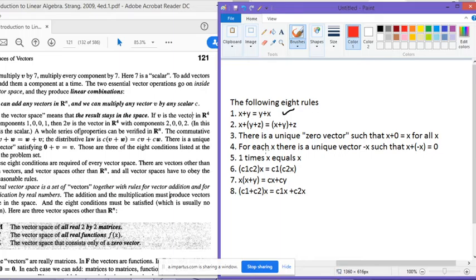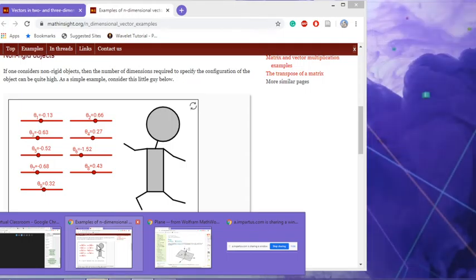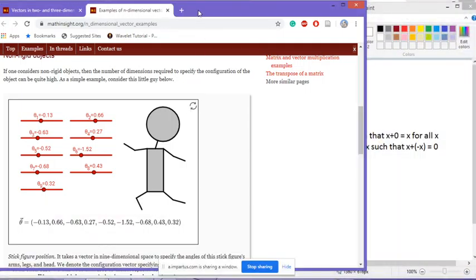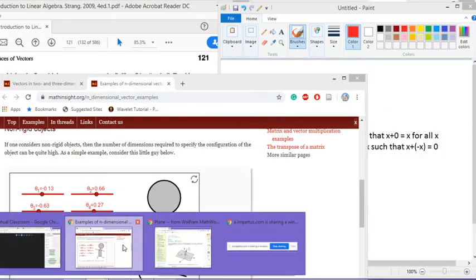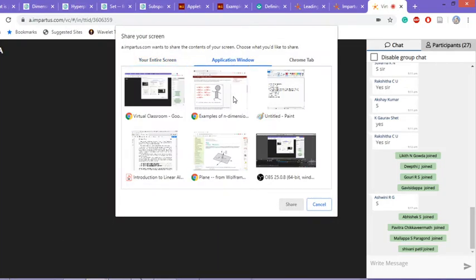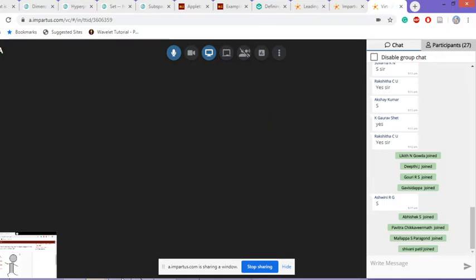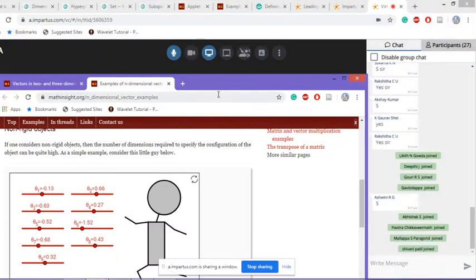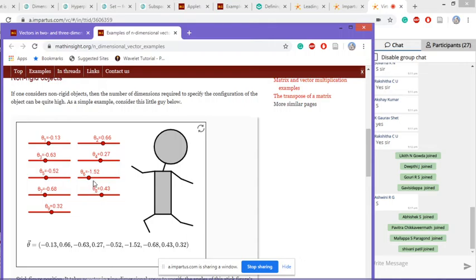And for each x there is a unique vector minus x. You have seen this from the 9-dimensional example which I had shown. Let me come back to that and show you this. Just observe in this website.